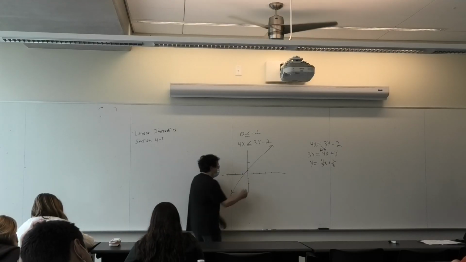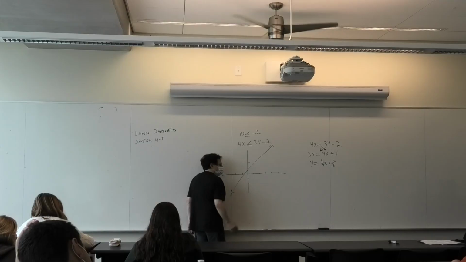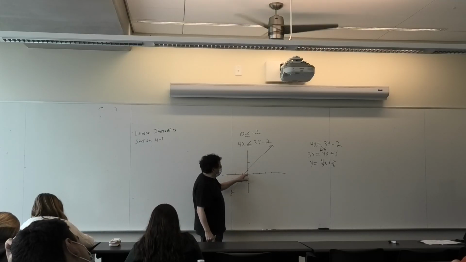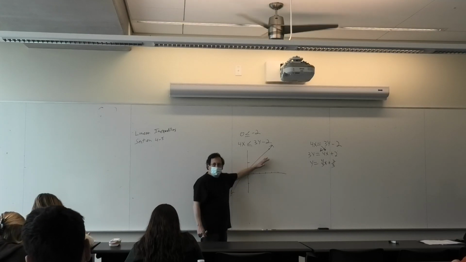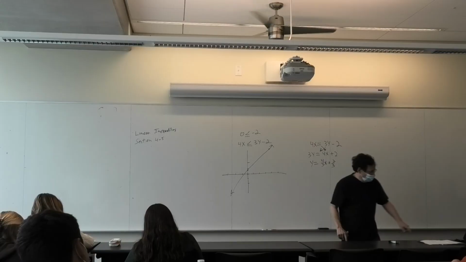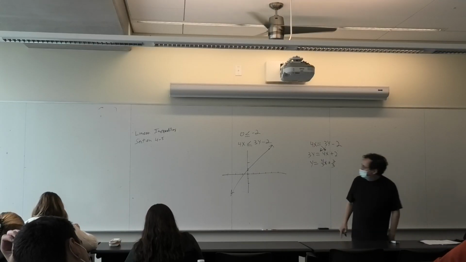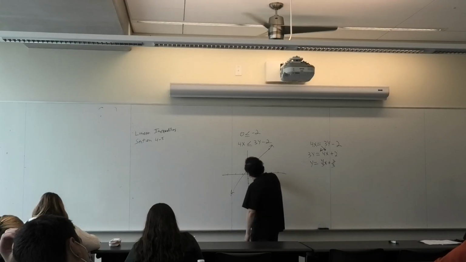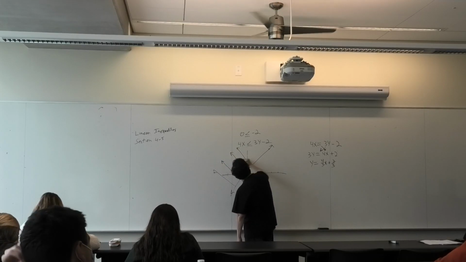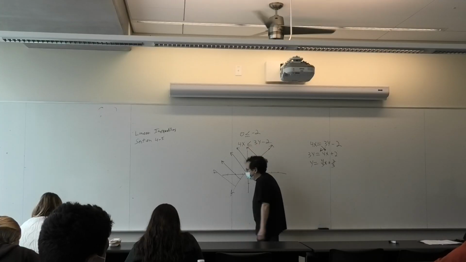So that tells me this point is not in the region we want to graph. So the region we want to graph is this way. Okay? All right.